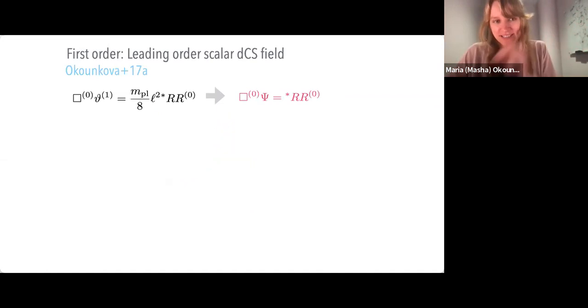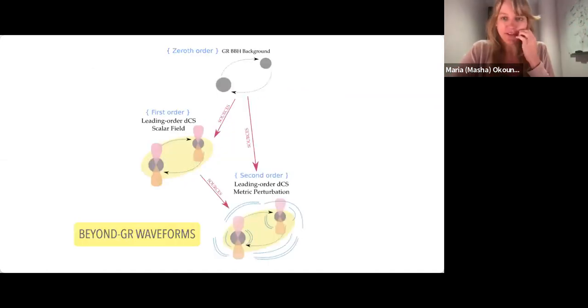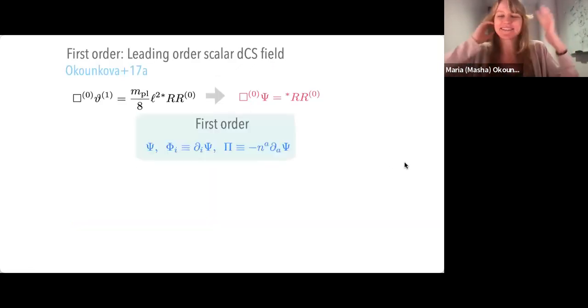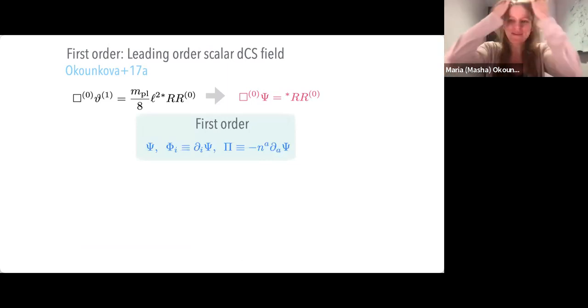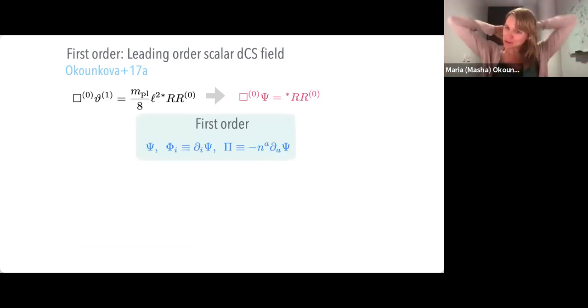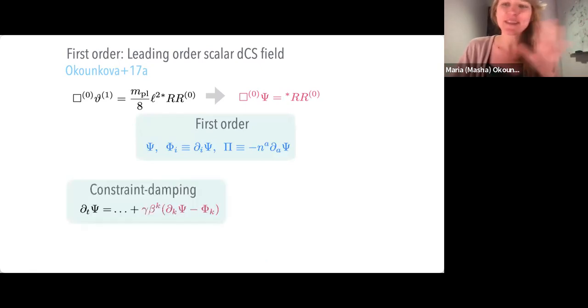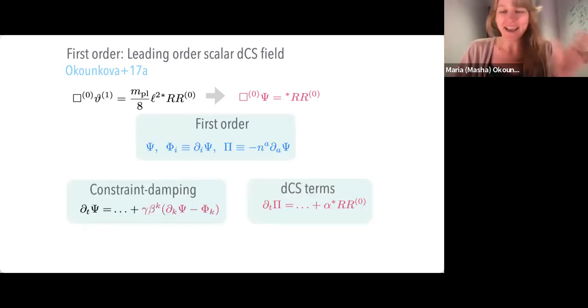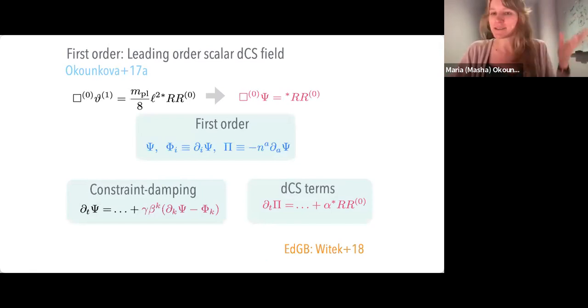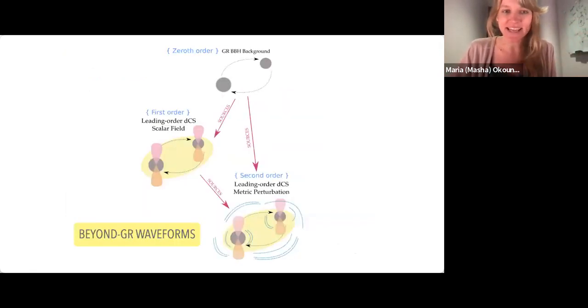If you want to know more details, in 2017 we did this for the leading order scalar field. So this first order step. And we use basically a first order hyperbolic setup for the scalar field with constraint damping, adding in the dynamical Chern-Simons gravity terms. Helvi Witek et al. did this for EDGB in 2018.